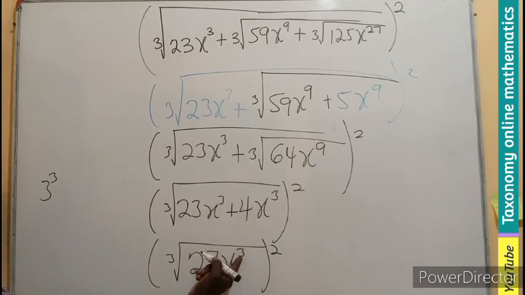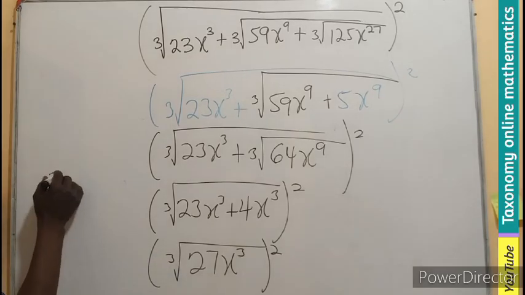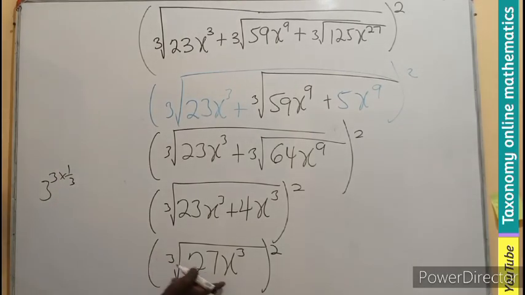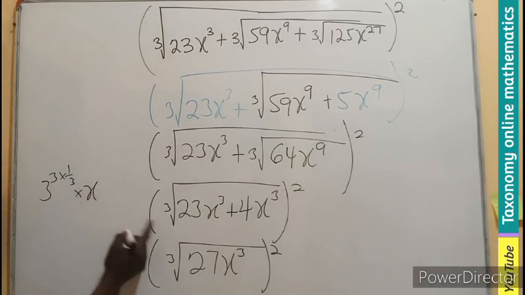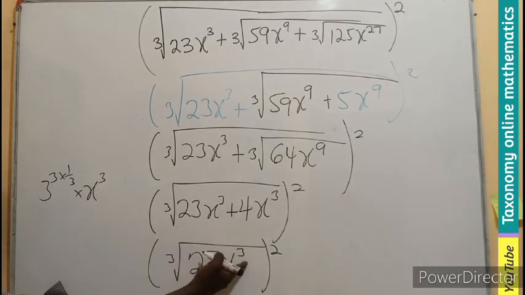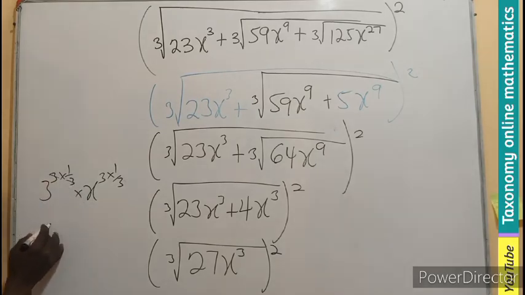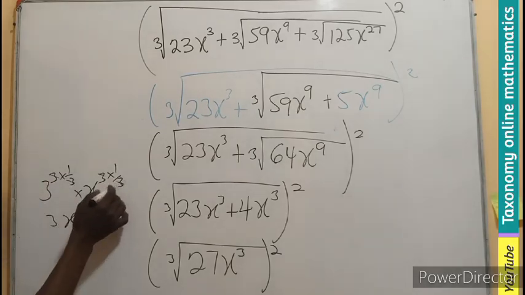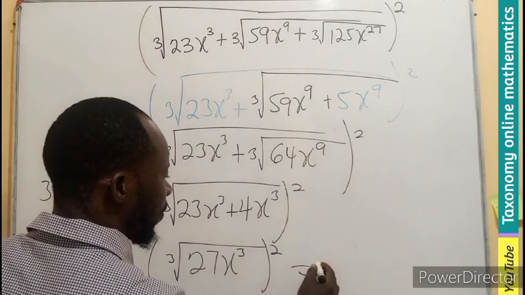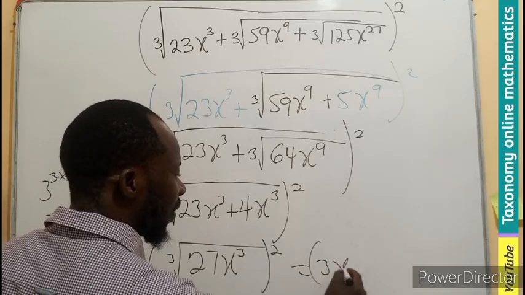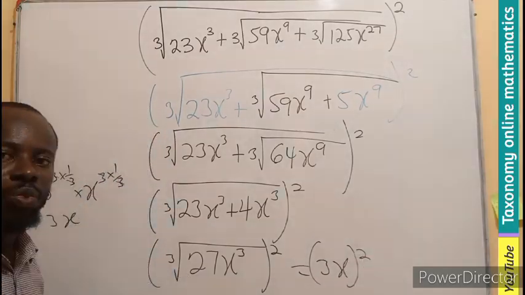Then we are bringing in the power, this is 1/3, so 3 exponent 3 times 1/3, and x exponent 3 times 1/3. You know this will cancel, this will cancel, so this becomes 3x raised to the power 2.